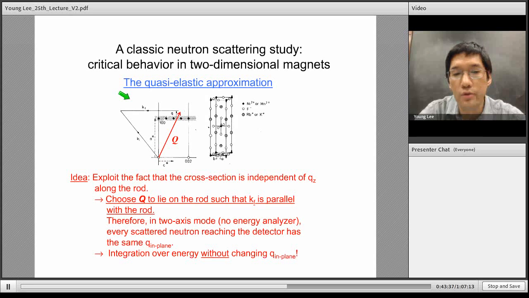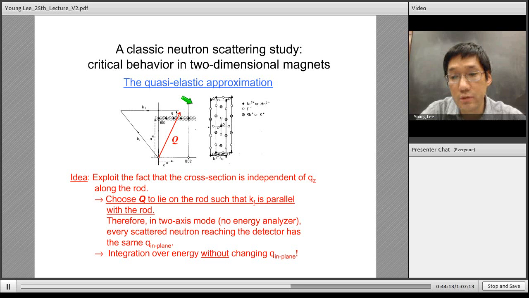Going up here again, what you can see is if you change the length of this KF that I'm pointing to, KI over here is fixed. So changing KF changes your overall Q, but the way it changes Q is that it will move your Q all around to different positions, such as here, parallel to this rod.